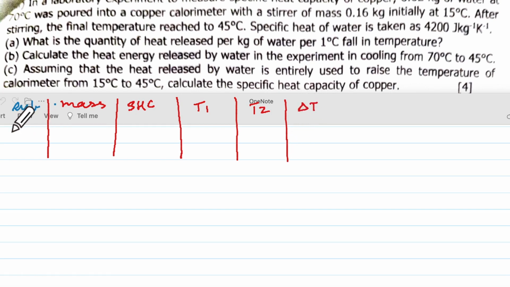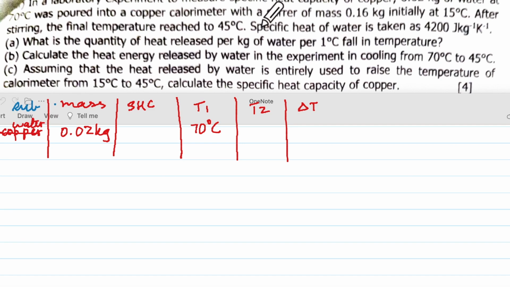So the first one is water, with 0.02 kg at 70 degrees. So initial temperature is 70 degrees C. No, one second, what did I do? Sorry, this is water.